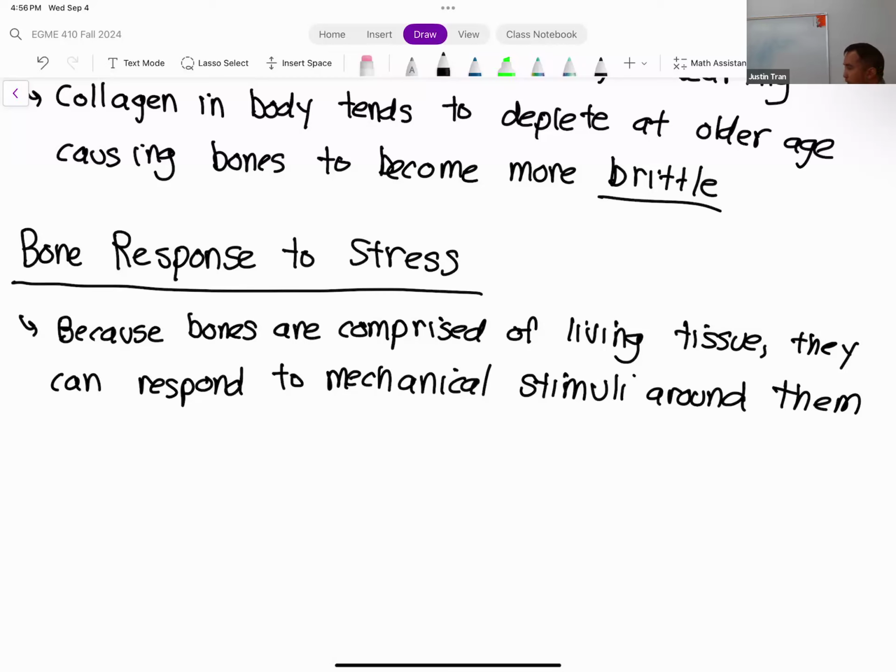And so if they're exposed to forces, if they're exposed to stress, they can actually respond to it, right? Which is really, really cool. It's not something that's fixed.